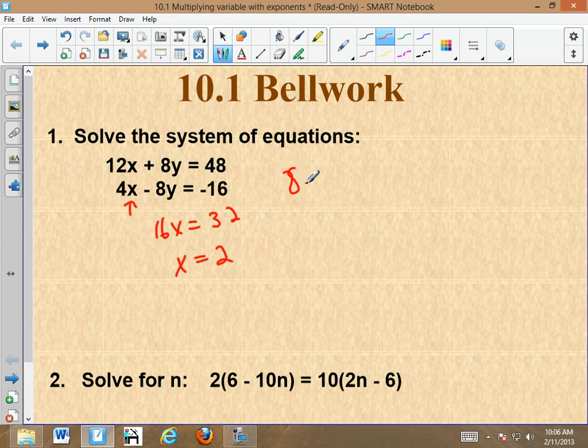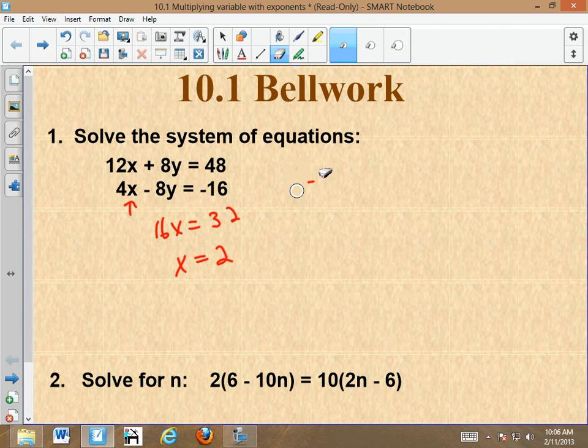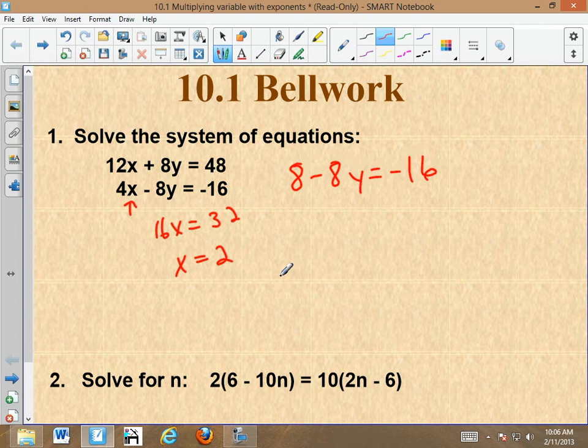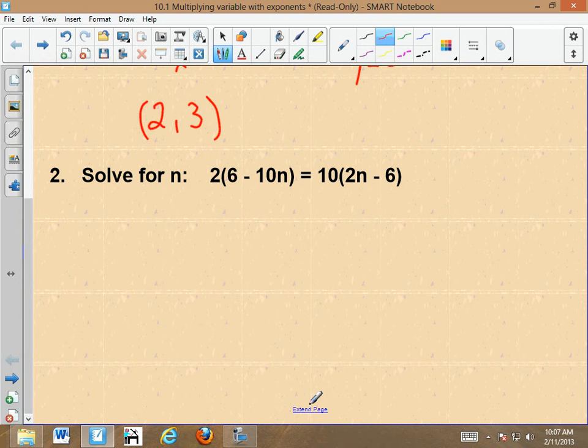So I get 8 minus 8y equals negative 16. Negative 8y equals negative 24. Y equals positive 3. So then I have to write my answer 2, 3 in parentheses. My x comes first, my y comes second.